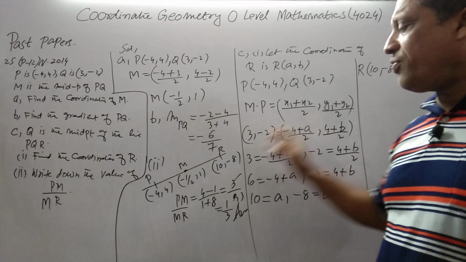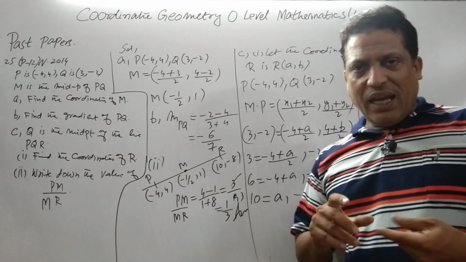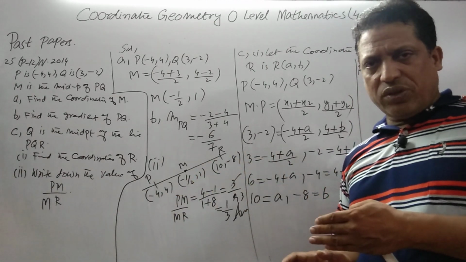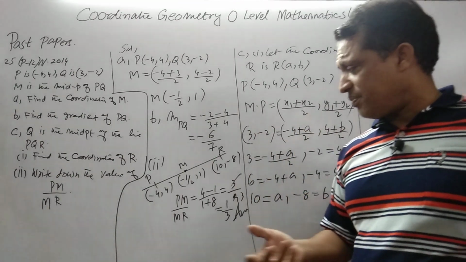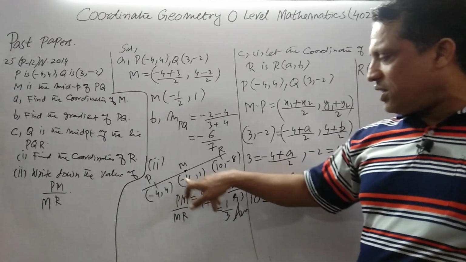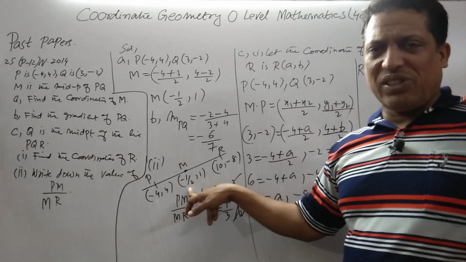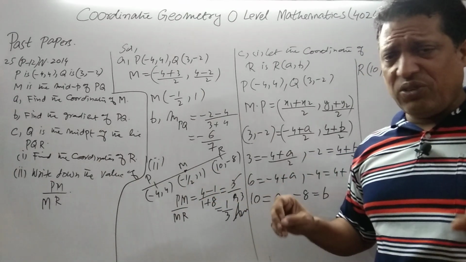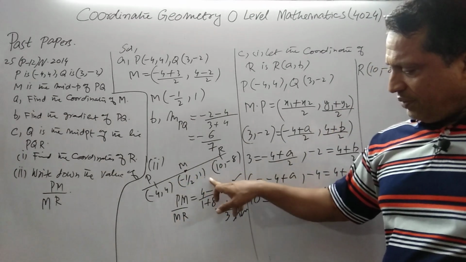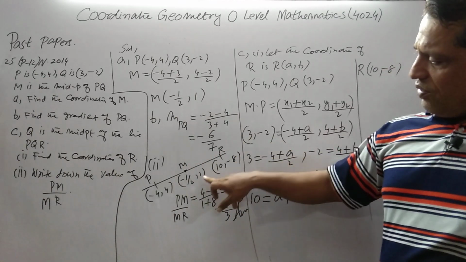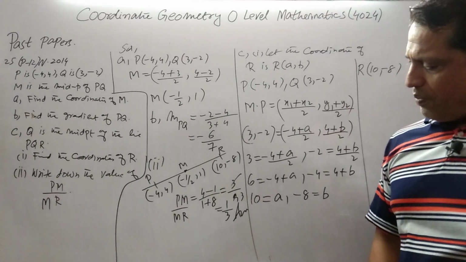We need to find the ratio PM over MR. So we take either all the x values and subtract them, or all the y values and subtract them. The x values are -4, -1/2 and 10, but because this value is in the form of a fraction, I skipped the x values and took the y values. This is 4, this is 1. 4 minus 1 is PM, and MR is 1 minus -8, so 1 plus 8. 4 minus 1 is 3, 1 plus 8 is 9, 3 upon 9 is 1 upon 3.